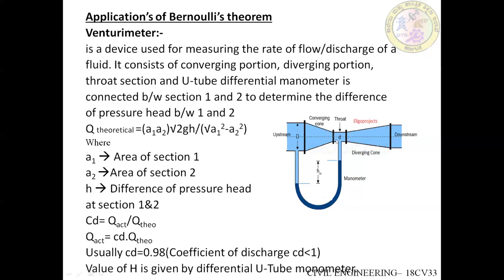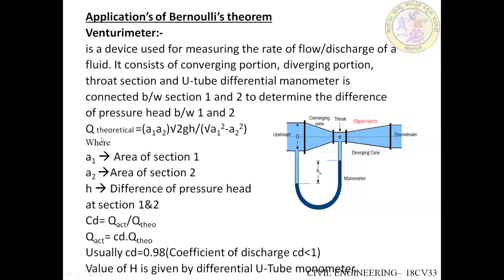It also consists of a U-tube differential manometer, connected between section 1 and section 2, to determine the difference of pressure head between them. Section 1 is taken at the pipe section and section 2 is taken at the throat section.